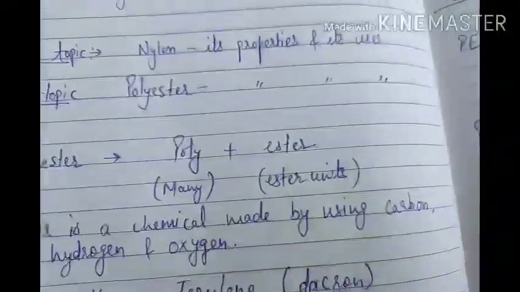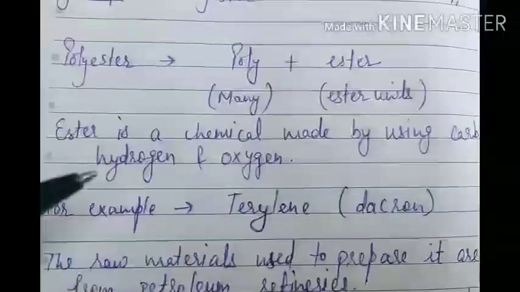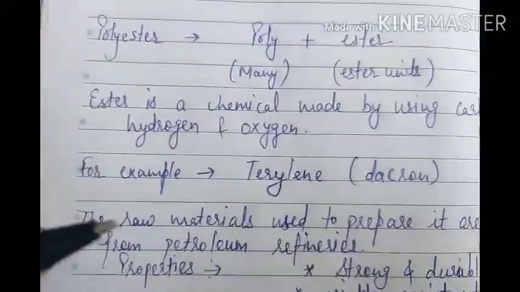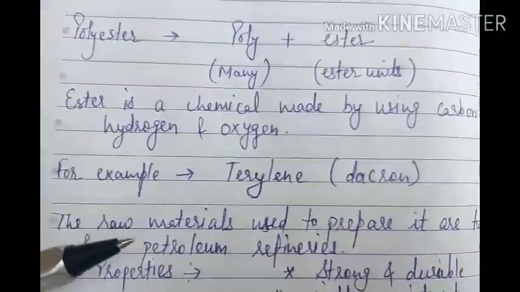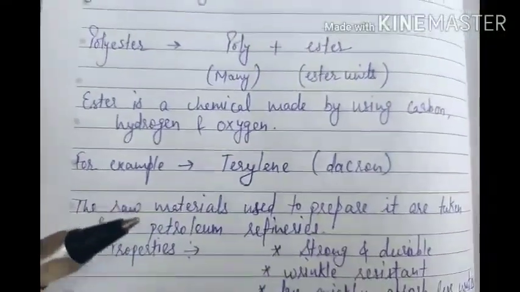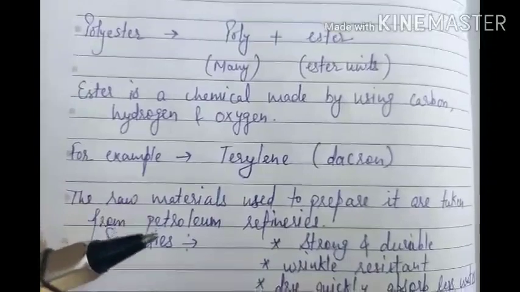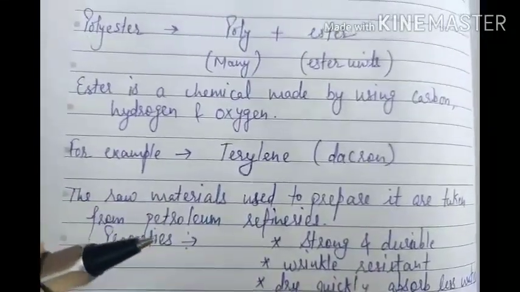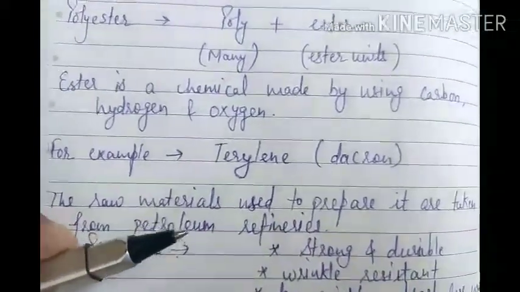Now the question is how polyester is made. I have told you that polyester is made from various ester units. These ester units are obtained from raw materials, which are taken from petroleum refineries.